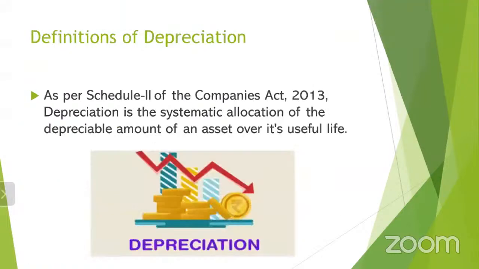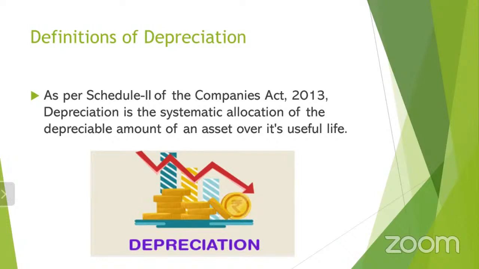Definition of depreciation. As per Schedule 2 of the Companies Act 2013, depreciation is a systematic allocation of the depreciable amount of an asset over its useful life. The depreciable amount of an asset is the cost of the asset or other amount substituted for cost, less its residual value. Residual value means scrap value here.